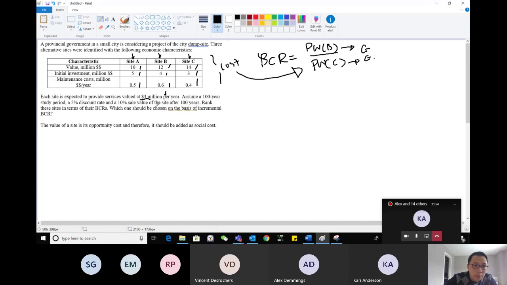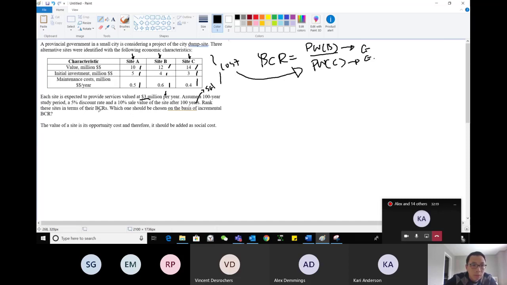And then assume a 100 year study period. So when we consider this present worth calculation, our cash flow diagram considers 100 years. Discount rate is 5%, so our interest rate is 5%. 10% sale value of the site after 100 years, so that is considered the salvage value, right?